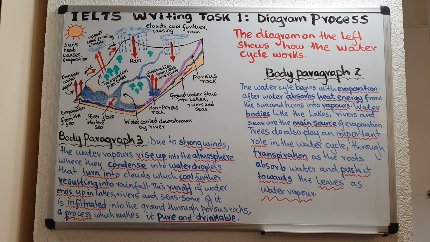And then divide your steps into 2. Describe the first few steps in body paragraph 2 and then describe the rest of the steps in body paragraph 3. Okay? So that is really how you write your body paragraph 2 and body paragraph 3.